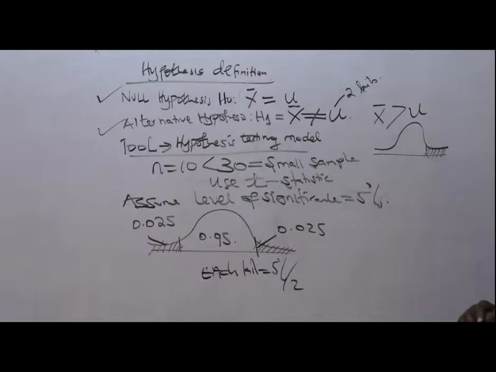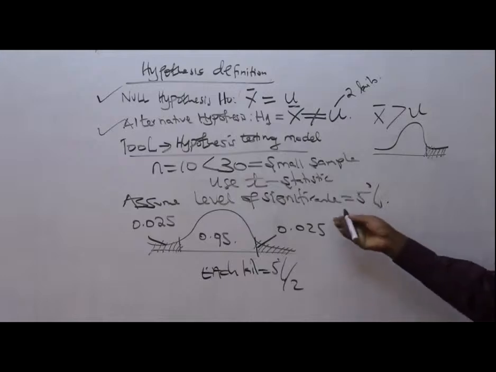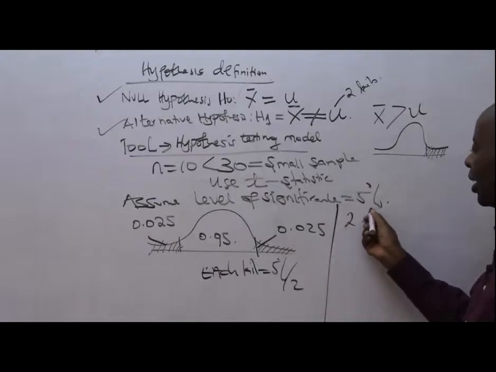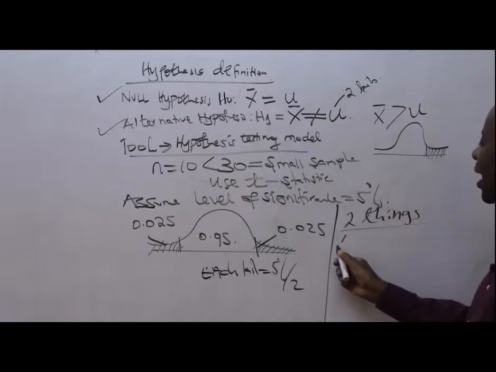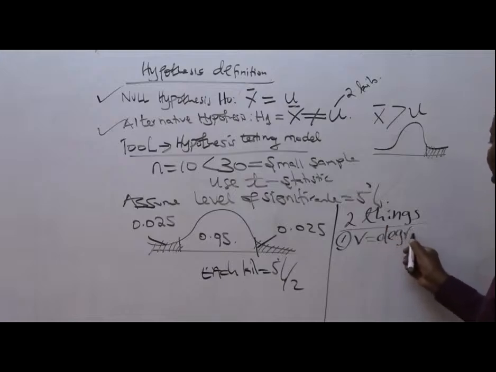Now, ladies and gentlemen, having been able to draw this nicely, I need two things to be able to read this from my table. Number 1, I'll need V. V stands for degrees of freedom.